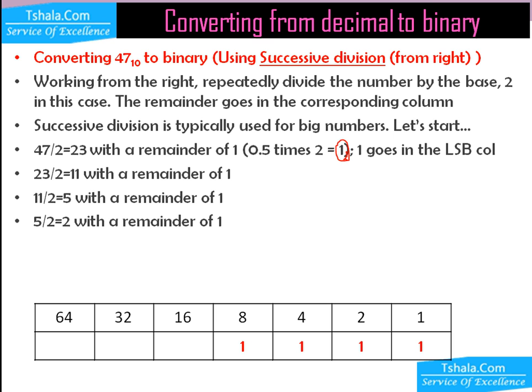Now remember that all the remainders, what we say, 1, is really binary, so it is base 2. We have 2 divided by 2, which is a 1, and the remainder in this case is a 0.